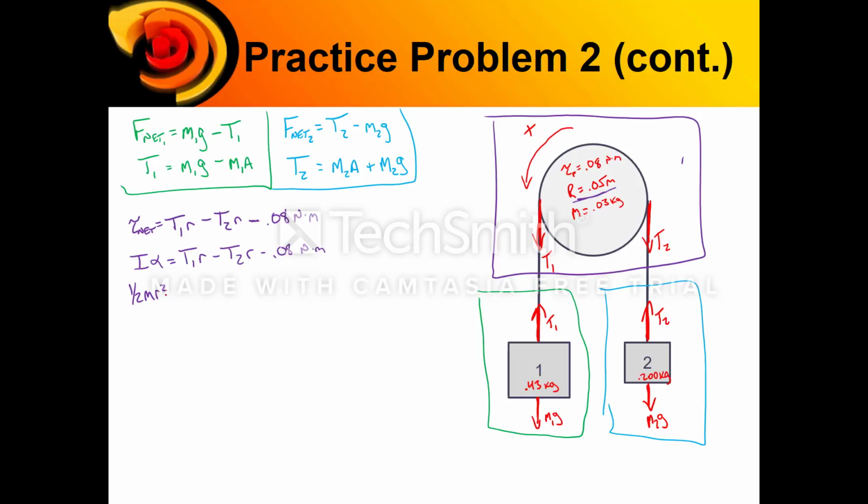And we are looking for, if you look back at the question, it's asking you what's the acceleration. Now that's the linear acceleration, not the angular acceleration. So we make our substitution. We know that angular acceleration is equal to the linear acceleration divided by the radius. So we make that substitution there.